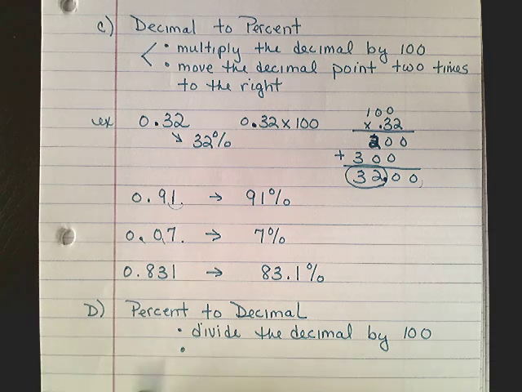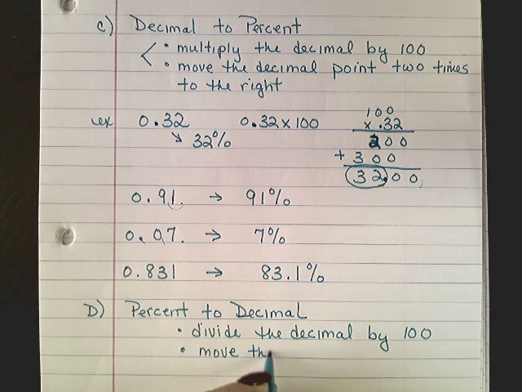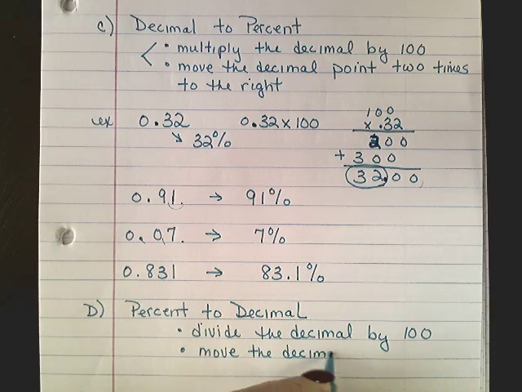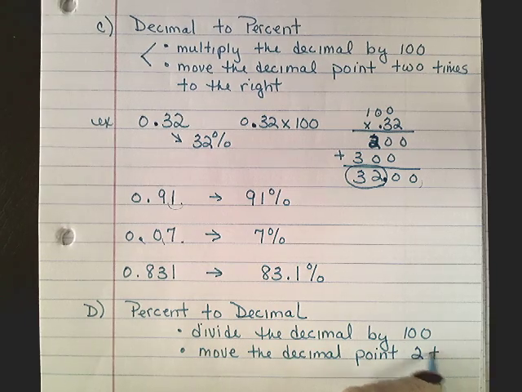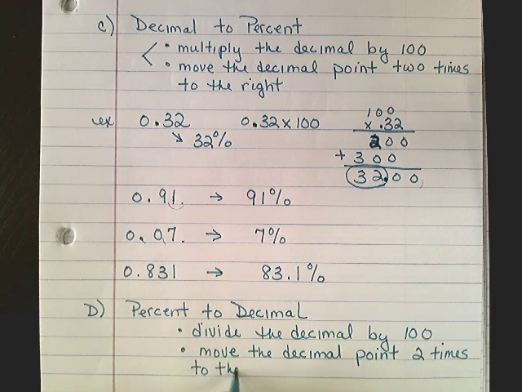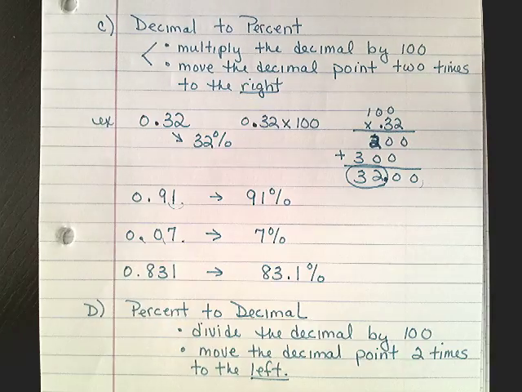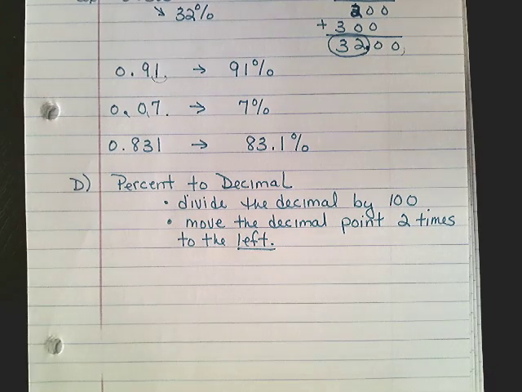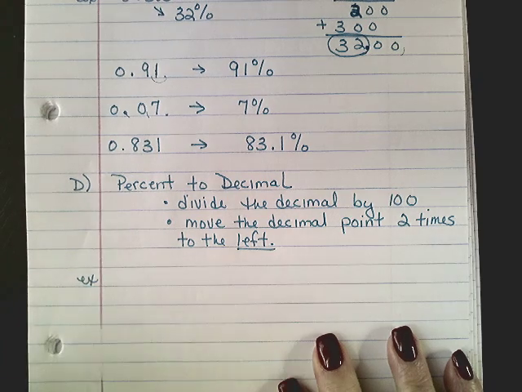And that's the same as moving the decimal point two times to the left. Okay, so when I'm converting from percent to decimal now, I am going to be putting that decimal point in the opposite direction, dividing. All right, here's our examples.